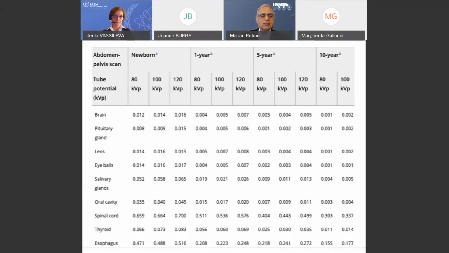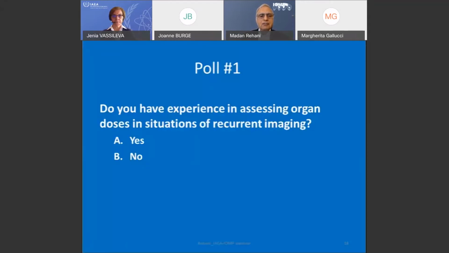So with the abdomen pelvic scan, there are so many organs which are irradiated, and there is a dose associated with each organ.